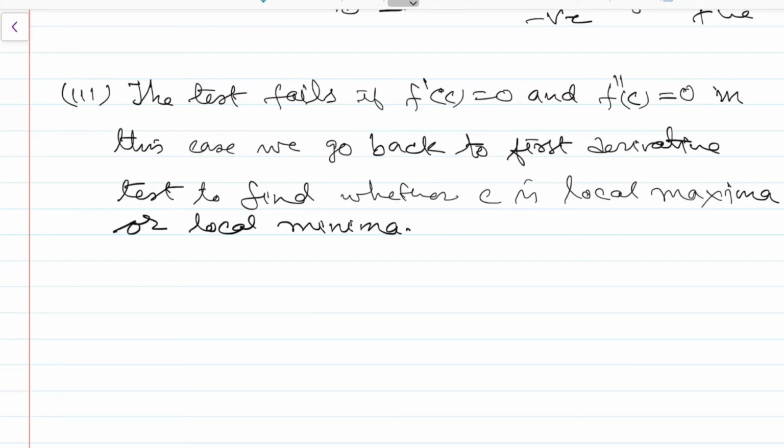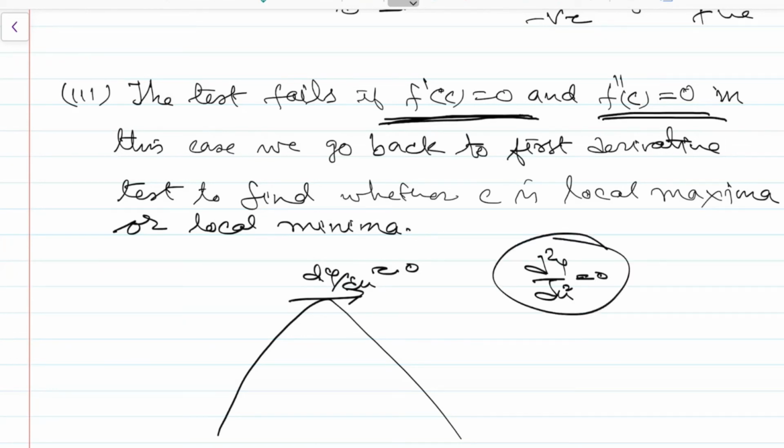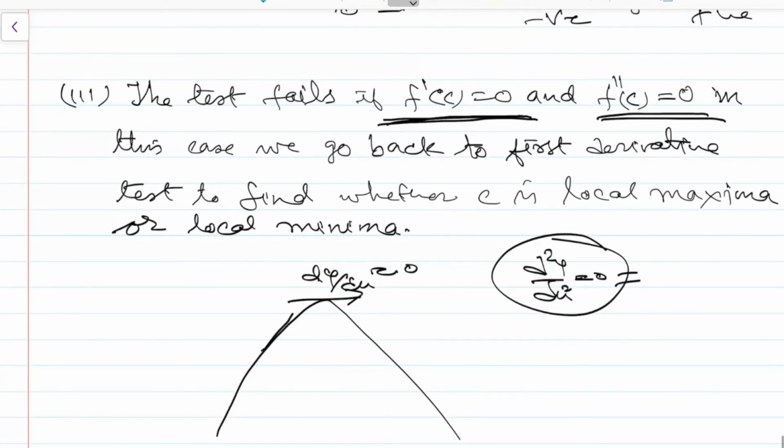And the second derivative test fails when first derivative is 0 and second derivative is also 0. At this point, we cannot make a conclusion using the second derivative test, so we'll rely on the first derivative test.